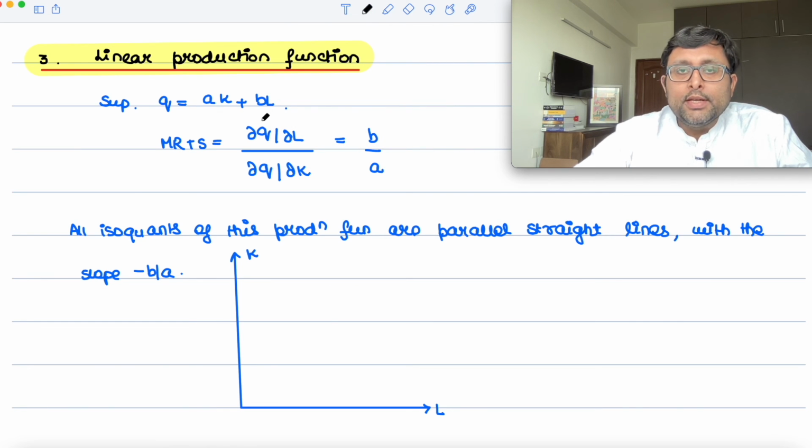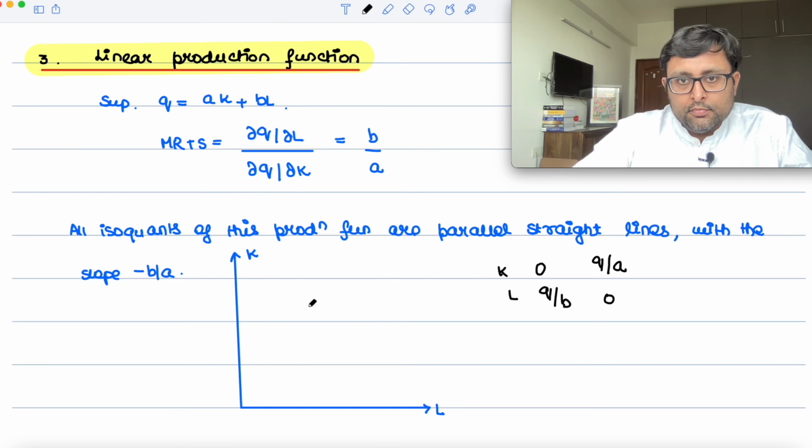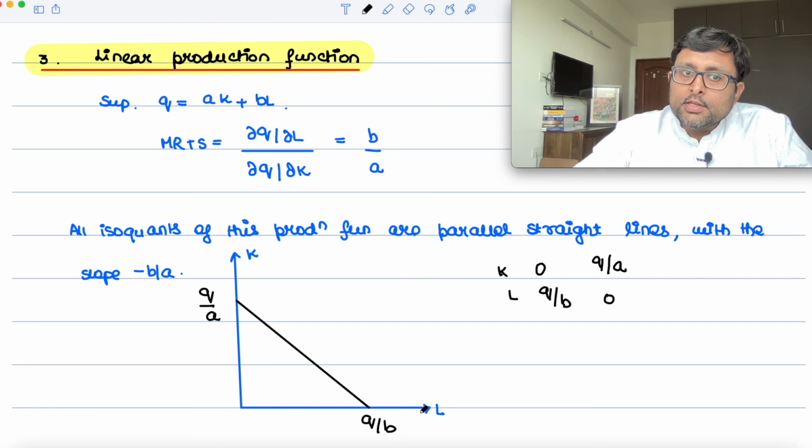If you are not using labor at all, so if L is 0, K is Q by A. If K is 0, L is Q by B. So what is the slope here, beta?